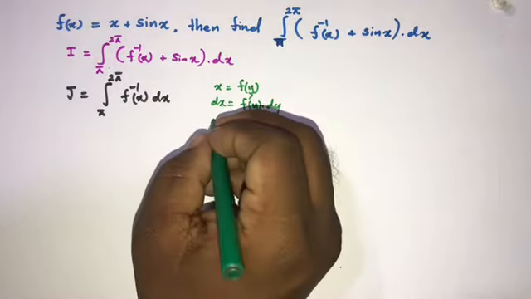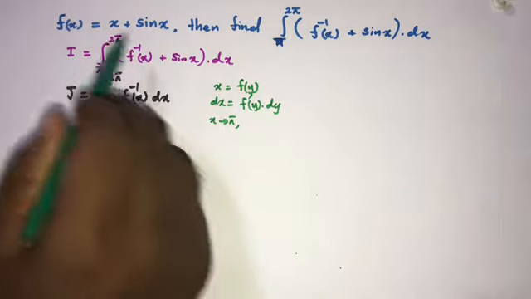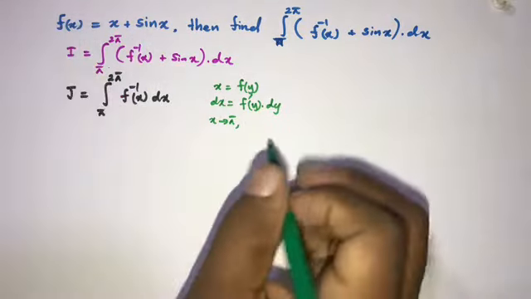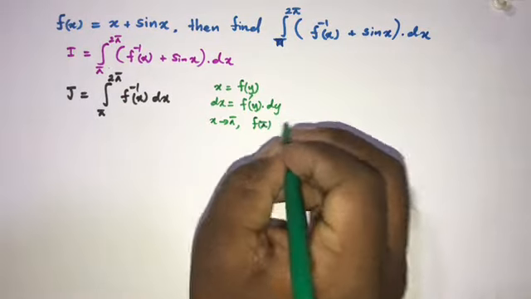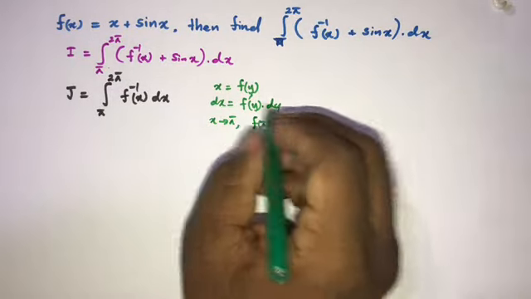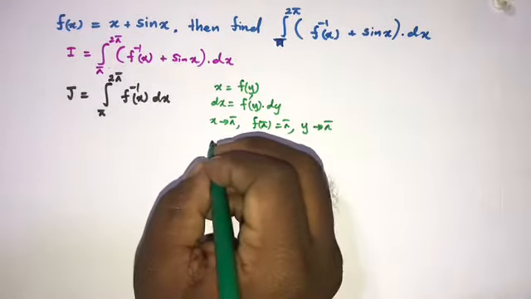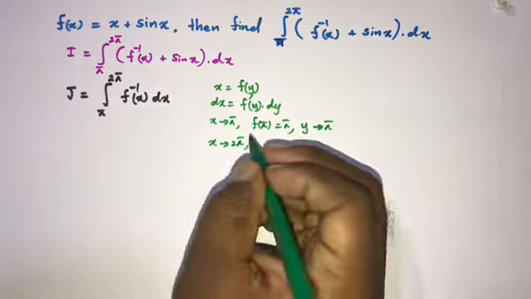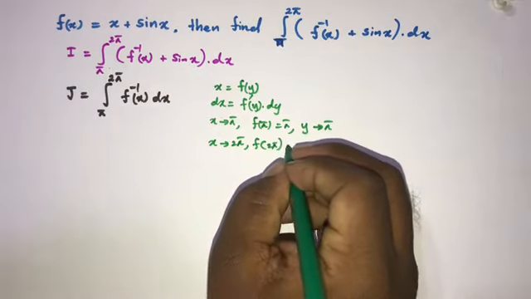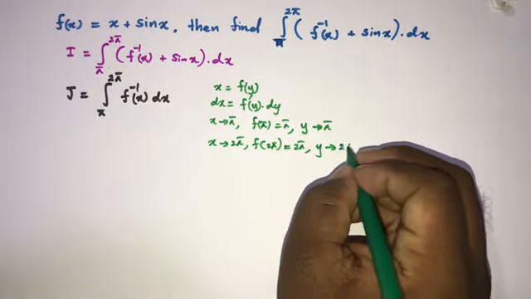When x approaches pi, sine of pi is 0, so f of pi is equal to pi, and y approaches pi. When x approaches 2 pi, f of 2 pi is equal to 2 pi, and y is equal to 2 pi.